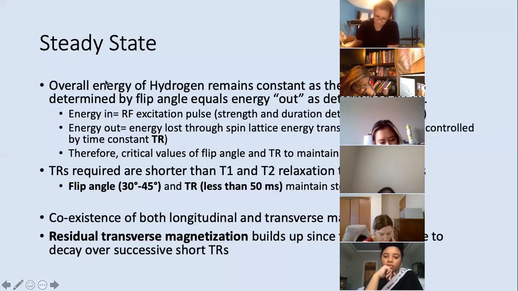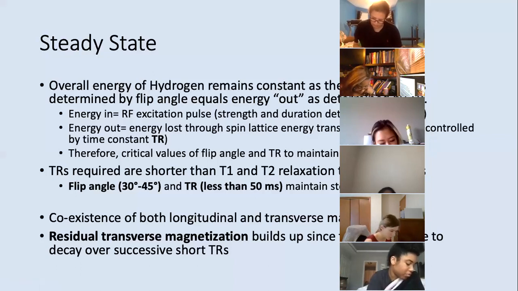The energy in is determined by our flip angle and how large it is. We apply an RF pulse with a strength and duration to put energy into the patient. That flip angle flips the net magnetic vector slowly into the transverse plane.